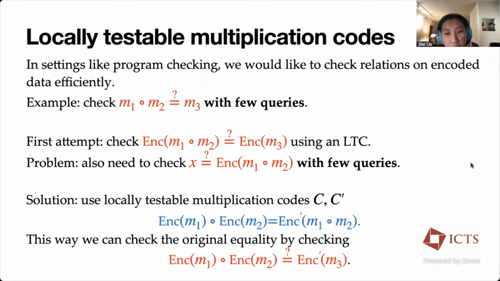Once we have such a property, to check this original equality, we can simply encode M1 and M2 using the code C and encode M3 using the code C prime. Afterwards, we sample random coordinates in the vector and check that this relation holds for each of those individual coordinates.